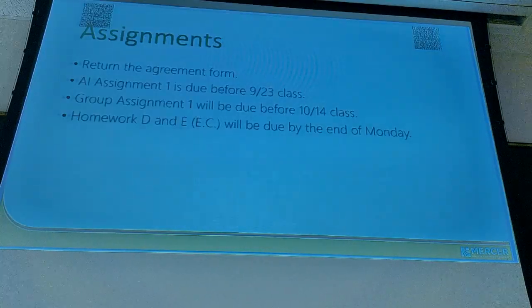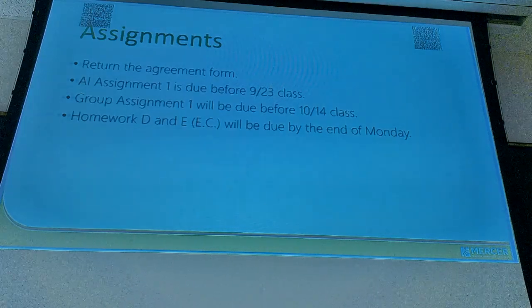Don't forget you have those 2 assignments that are coming up. Like I said, I'll figure out what's going on with this pivot table. I'm probably just being an idiot. That's not simple. And I'll either show it next class or just upload it or something.